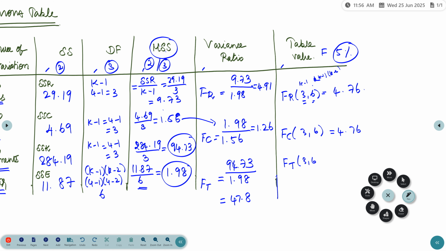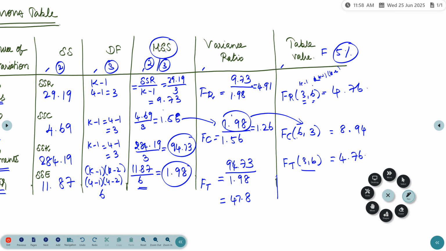Next, FT: here it is 6,3, because you are putting 1.98 in the numerator, that comes first, so 6 is first and 3 is second. Here also this is correct, 3,6, 4.76.